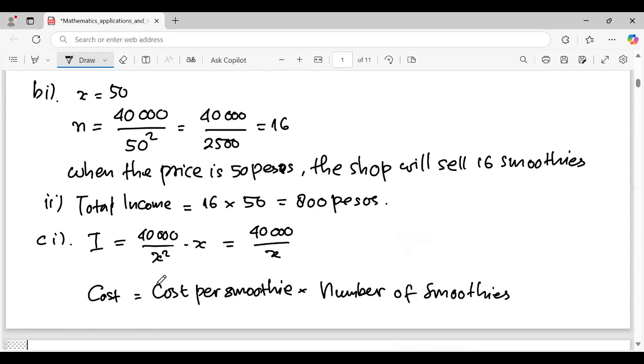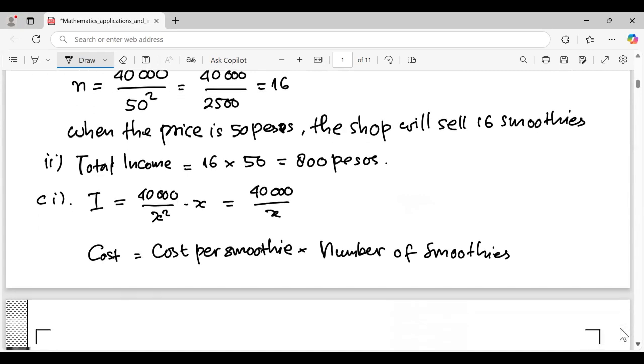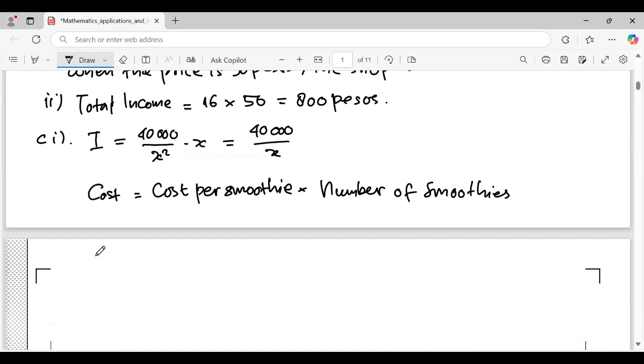So the cost equals 20 times 40,000 over x squared. The cost per smoothie is 20 and the number of smoothies is 40,000 over x squared, so the expression becomes 800,000 over x squared.